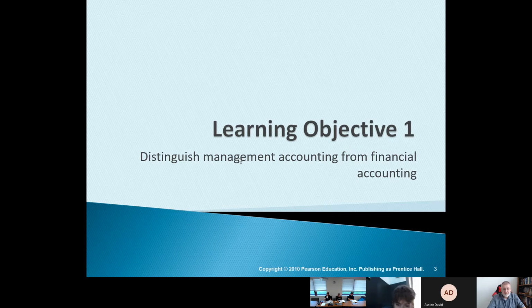As we go through this, the way I've got these slides laid out is they kind of match up with the learning objectives. So if you're reading the textbook and you're like, okay, I know I heard Dave talk about this, you match up the learning objectives in the book with the learning objectives for the slides, and it'll help you as you're trying to track where my slides match up with the textbook, okay?